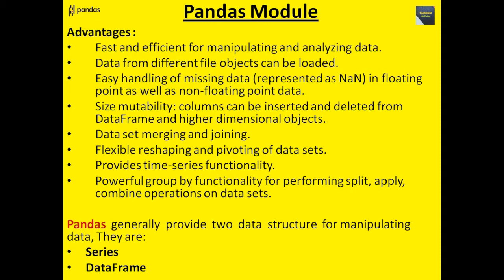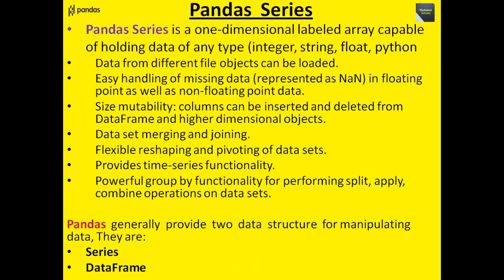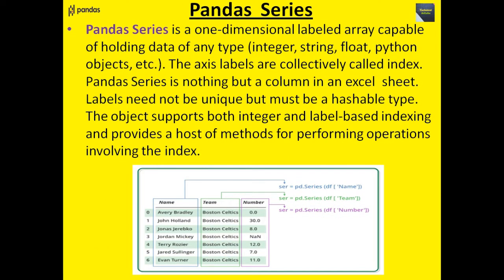Pandas generally provides two data structures for manipulating data: one is Series and another is DataFrame. At first I discuss the Pandas Series. A Pandas Series is a one-dimensional labeled array capable of holding data of any type like integer, string, float, Python objects, etc. The axis labels are collectively called the index. A Pandas Series is nothing but a column in an Excel sheet.